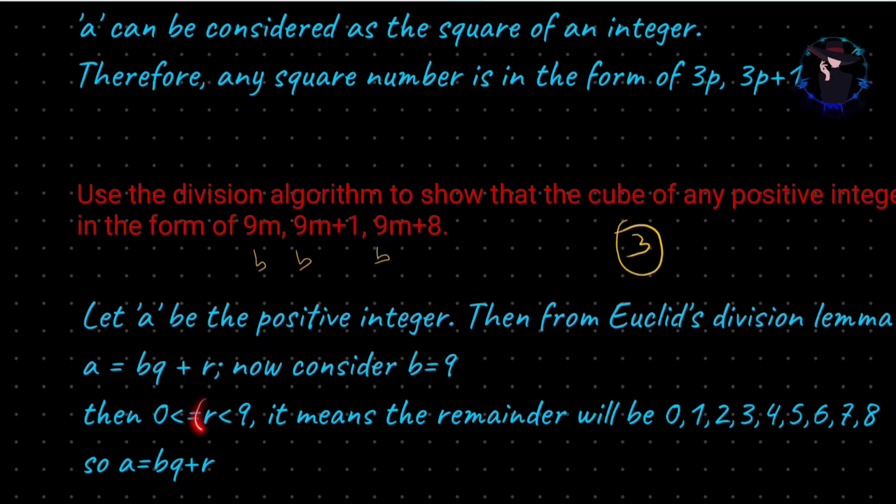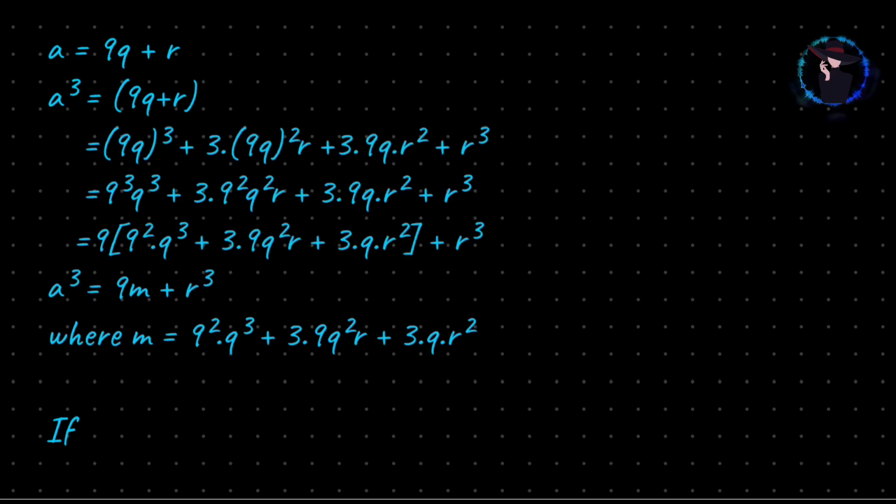Then what will be the value of r here? From 0 to 8: 0, 1, 2, 3, 4, 5, 6, 7 and 8. So a is equal to bq plus r. a is equal to 9q plus r, because the value of b is equal to 9. So a cube is equal to (9q plus r) whole cube. The cube is missing here.